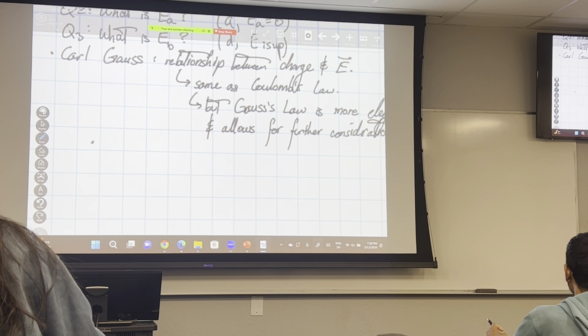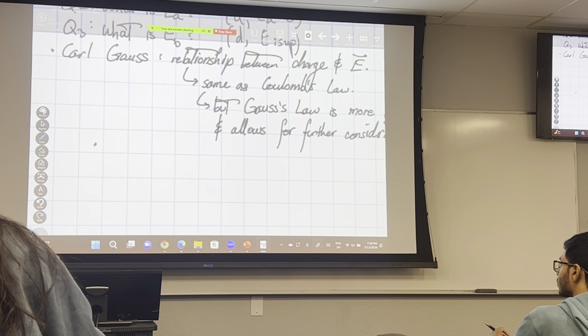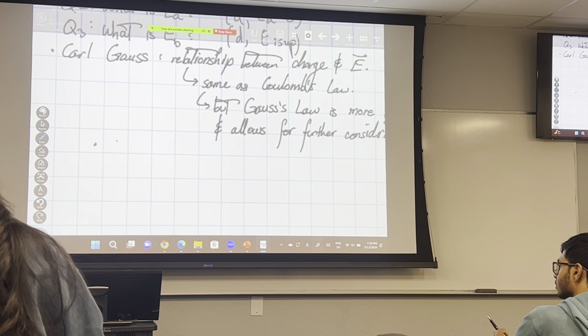The reason why people prefer Gauss's law is that Coulomb's law suffers from a few limitations.